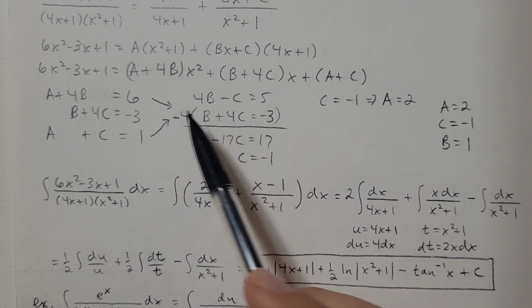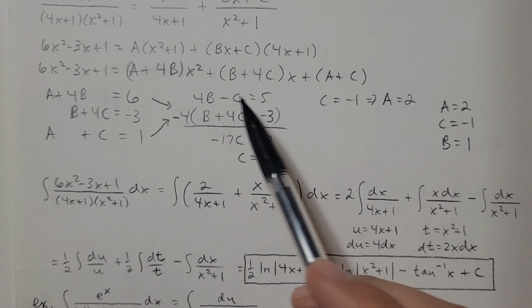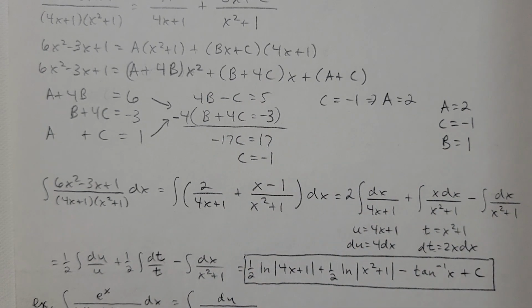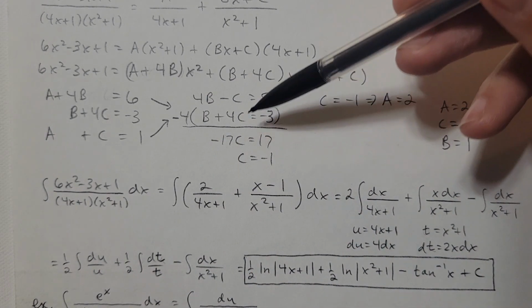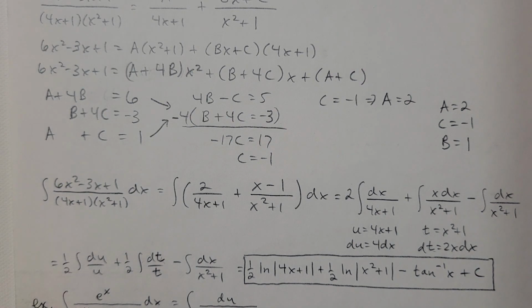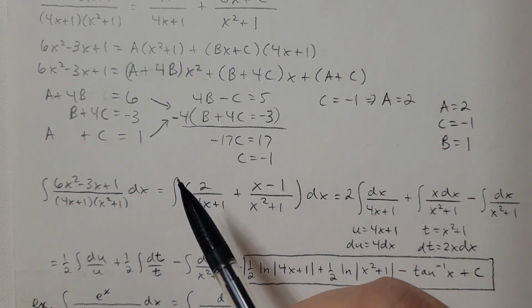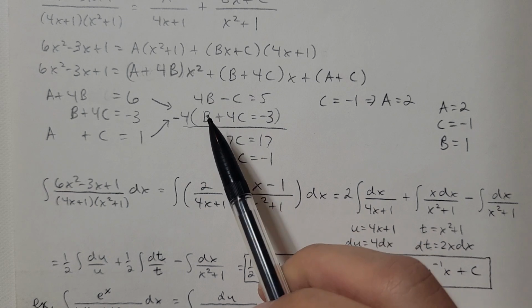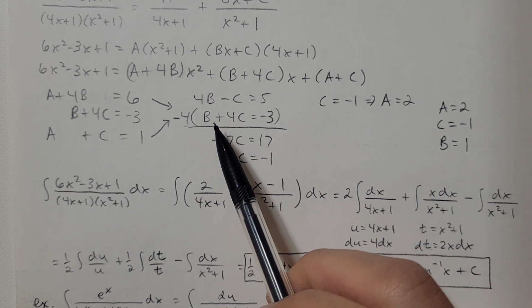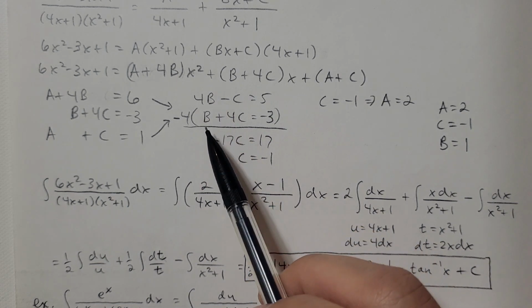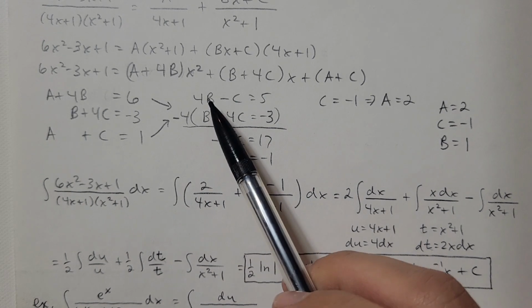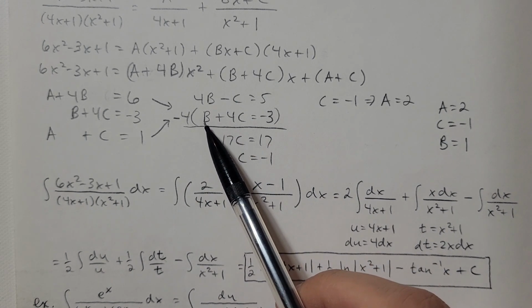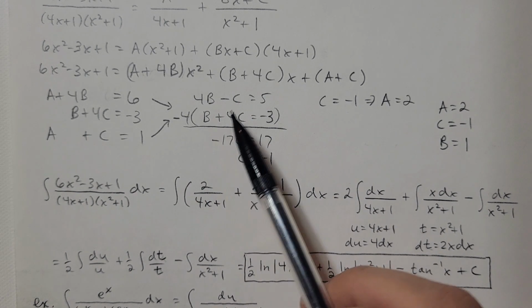Okay, and so I've reduced this to a 2 by 2 system. 2 equations with 2 unknowns. Okay, the unknowns are b and c. So then the next thing, let's get rid of b. Well, if I multiply the bottom equation here by -4, and then I add these 2 equations together, here's 4b minus 4b, that's 0.